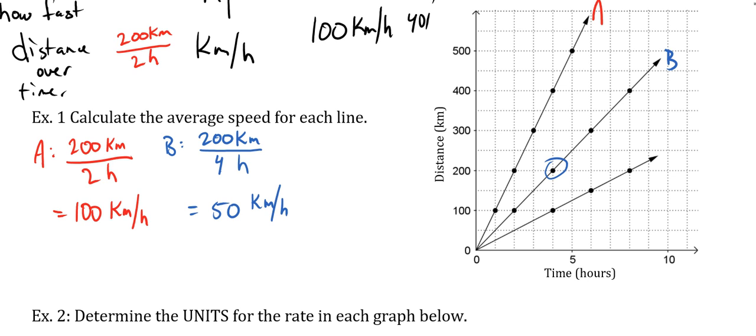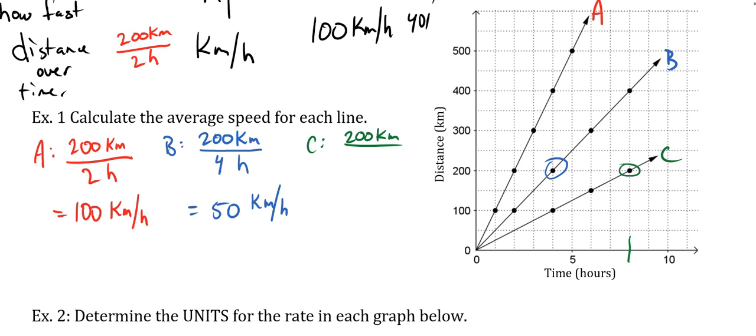Okay, last one. What do you think we should call it? Oh, gee, I don't know. How about C? Creative names. C. And if we do the same thing, we might say 200 kilometers again. Why not? But I could use any of these points. So 200 kilometers. But it's interesting to notice that all three of these, we use the same number on top. It was just the bottom that was changing.